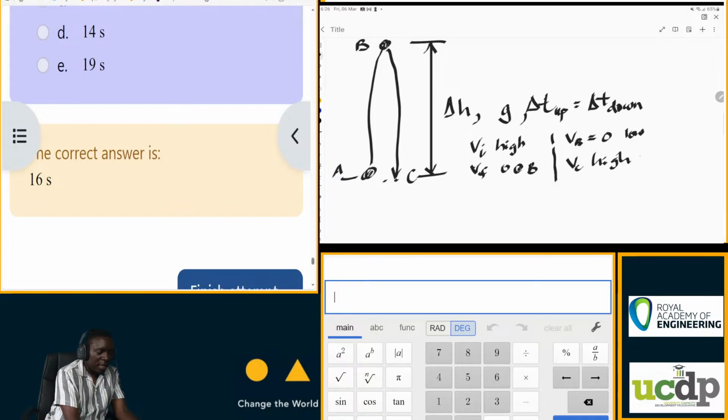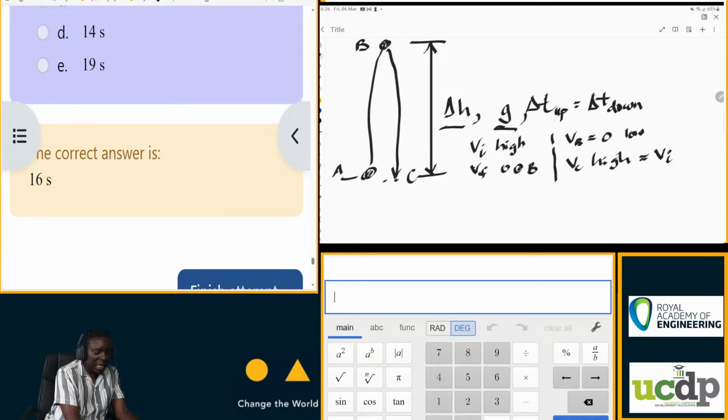But it's high with a value that is equal to the value of V initial. So it loses a velocity when it gets to B, it gains the same velocity by the time it gets to C. And it does that over the same distance under the same acceleration.